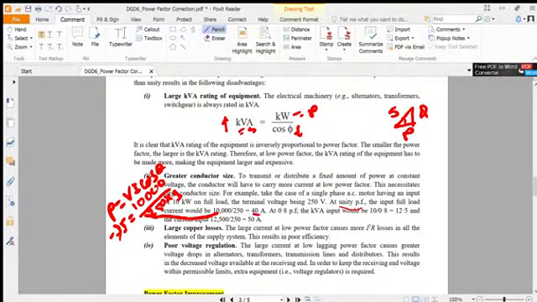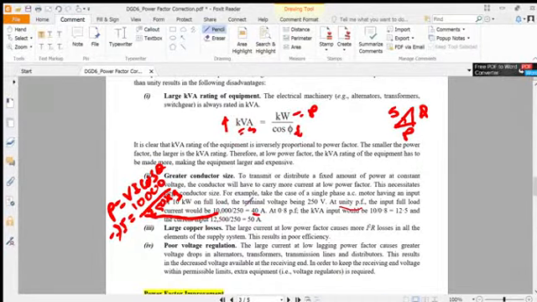But if the power factor is reduced to 0.8, what will be the value? Just put the value over here. 1 is replaced by 0.8 and we get the current as 50 ampere. So if the power factor is reduced, then the carrying current is greater. To carry this higher current, the conductor should be thicker. So here is another disadvantage, because for the thicker conductor, there is much more power loss and the cost is higher.